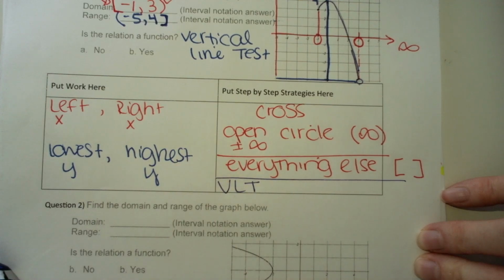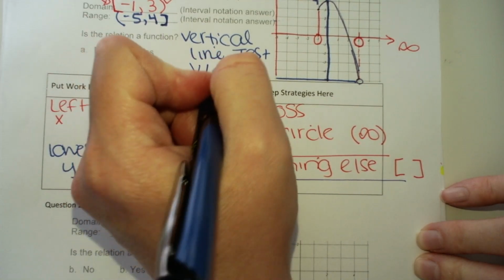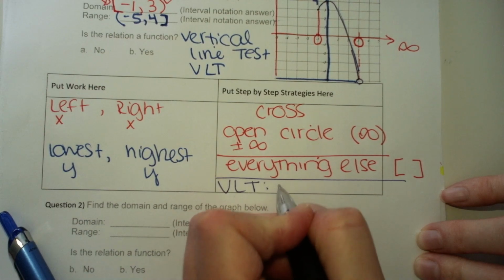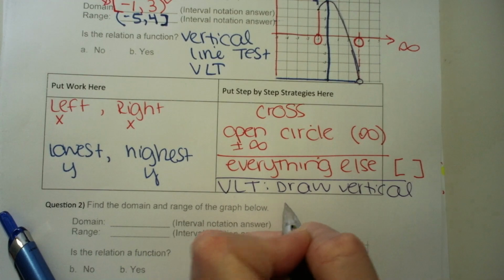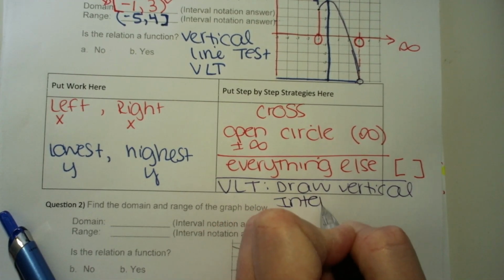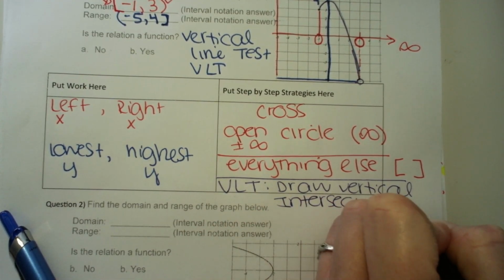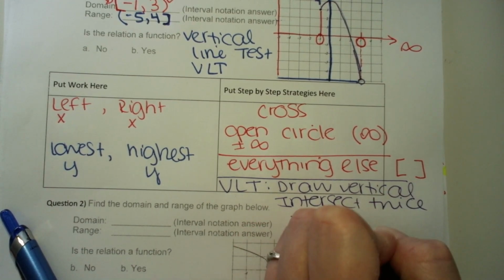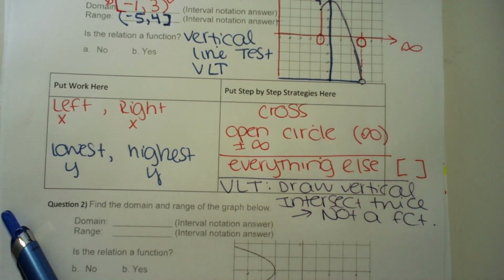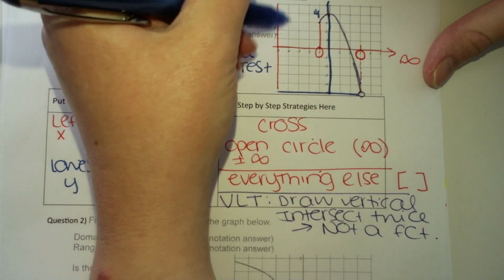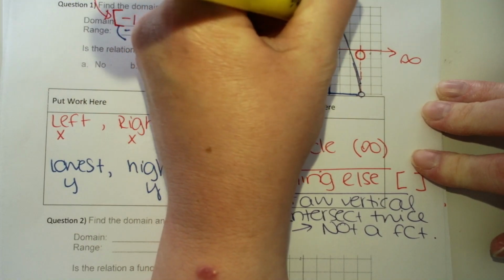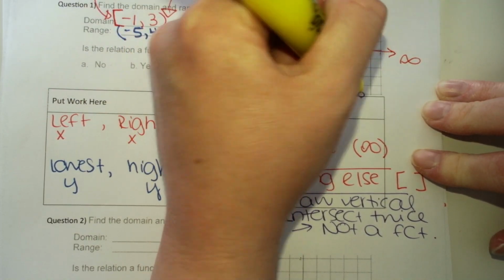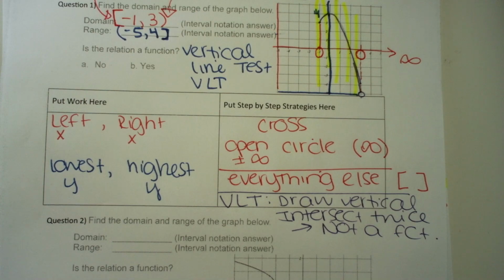The vertical line test, VLT, is you draw your vertical lines, and if you have one that intersects twice, then it is not a function. So here, when I draw my vertical lines, it's only intersecting one time, so it is going to be a function. So yes, this relation is a function.